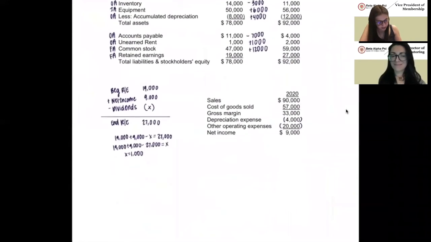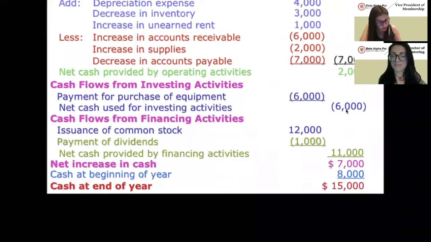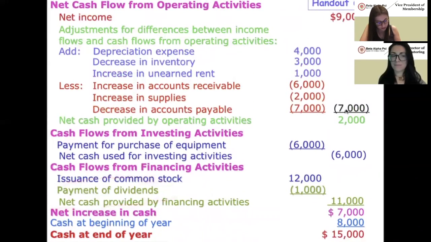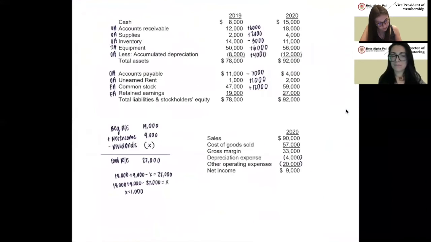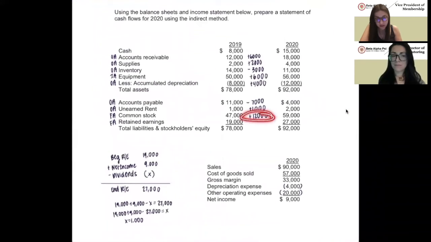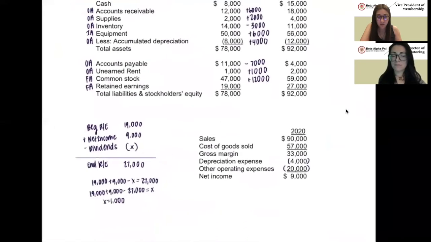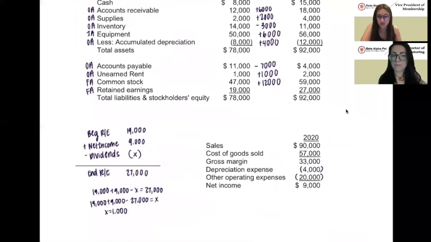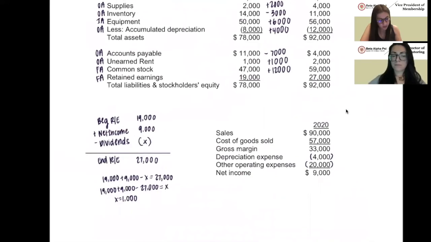So one thing that we need to do is figure out how we got this amount for our payment of dividends, that $1,000. The $12,000 we know because our common stock increased by $12,000, but they don't give us any information about our dividends. But we have all the information that we need to figure out what that is. So if our beginning retained earnings was 19,000 and our ending retained earnings is 27,000 and our net income is 9,000, we can figure out what X is.